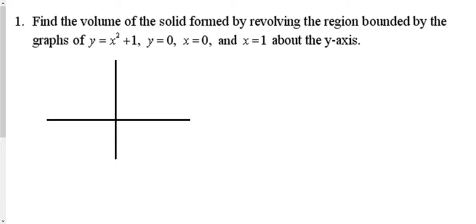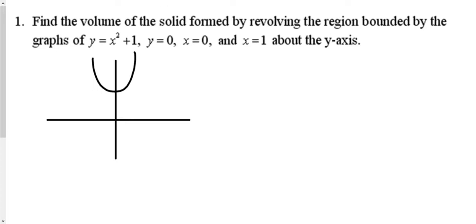Okay, so we've got y equals x squared plus 1, which would just be a parabola about like that. Okay, and then y equals 0 is the x-axis, x equals 0, and x equals 1. You know what? I'm going to do this again and try to make it more like that.